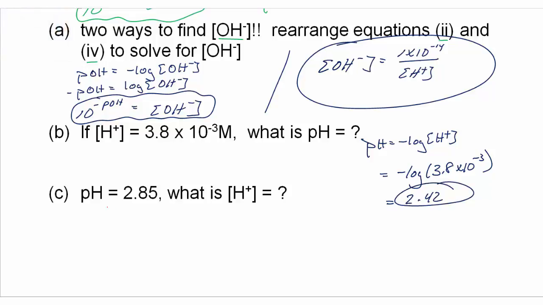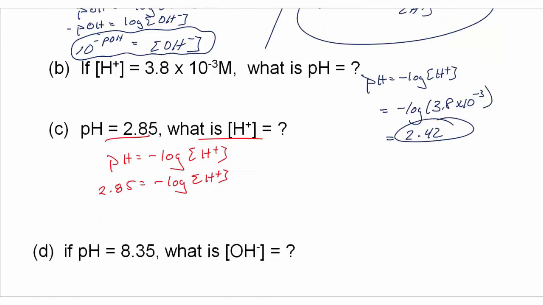If the pH is 2.85, what's the hydrogen ion concentration? So again, it would be easiest to use this equation. Okay, but we need to solve for the hydrogen ion concentration. So we're going to have 2.85 equals the negative log of the hydrogen ion concentration. Bring the minus sign over, and then we'll raise both sides to the 10 power.